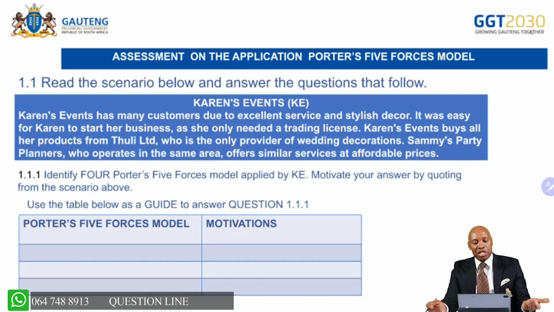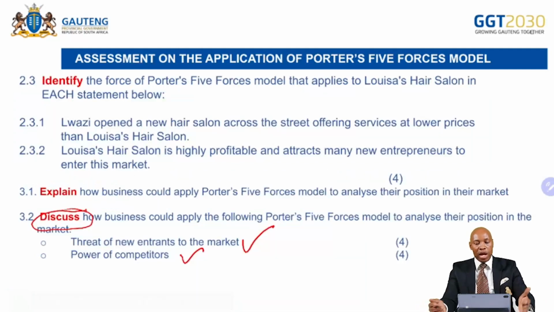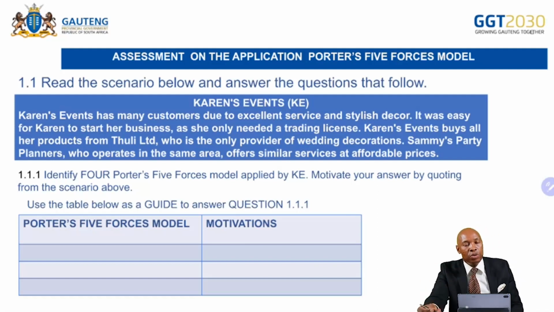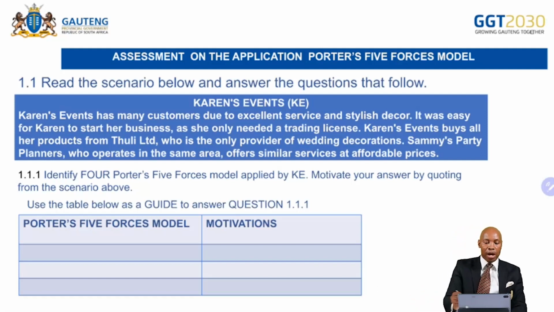Right. I've just shown you a way in which a question may be asked. So I'm giving you different ways in which questions may be asked. Like I have indicated, we can use a source-based question, that is your scenario, an indirect question, whereby you read the scenario.